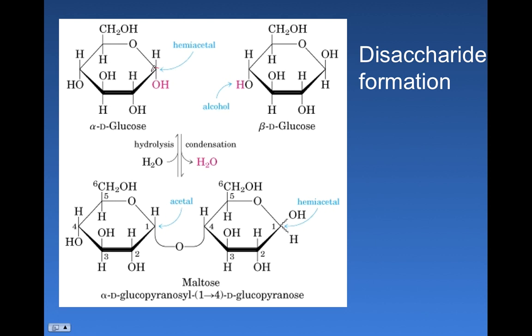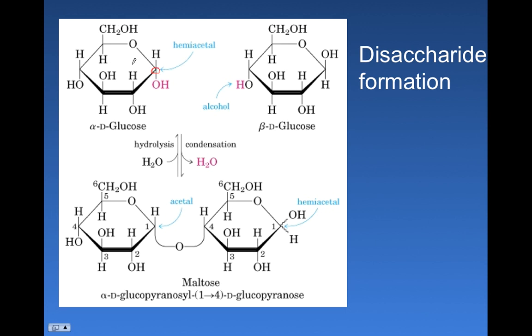So again, this carbon number 1 is the anomeric carbon, the one that varies in either the alpha or the beta form. And what we're going to do here is an alpha 1,4 linkage. The 1,4 is pretty self-explanatory.